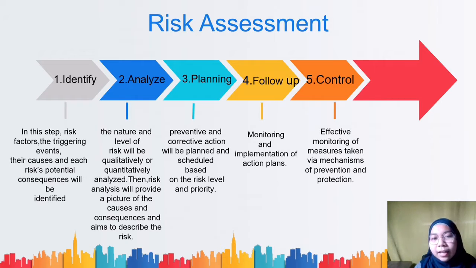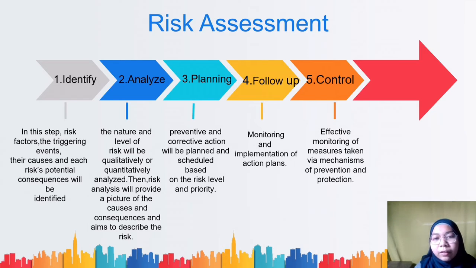The nature and level of risk will be qualitatively or quantitatively analyzed. Then the risk analysis will provide a picture of the cause and consequence and aims to describe the risk. And the third one, planning.